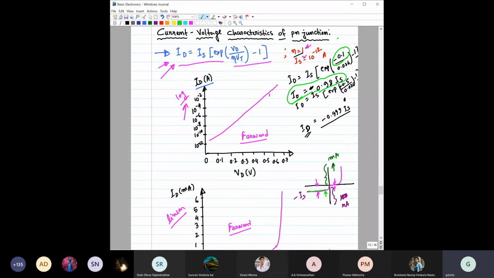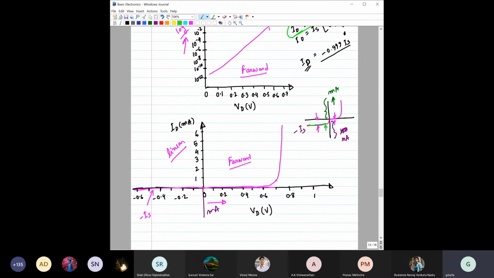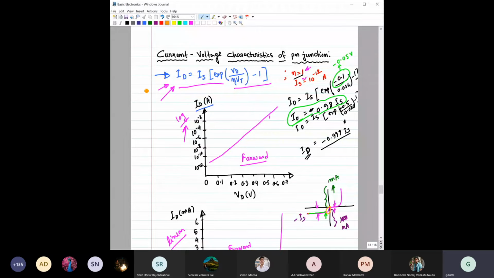But if you consider a value of, suppose, -0.05 volt, then you will see that ID is not equal to minus IS, but lower than that. You can see that ID will gradually decrease and then reach the value of minus IS, and that is also quite clear from this expression.